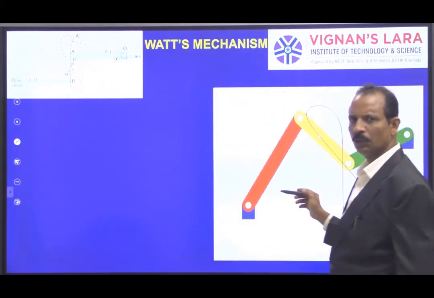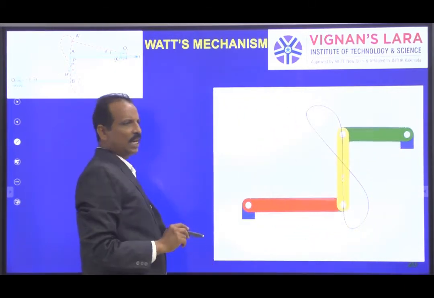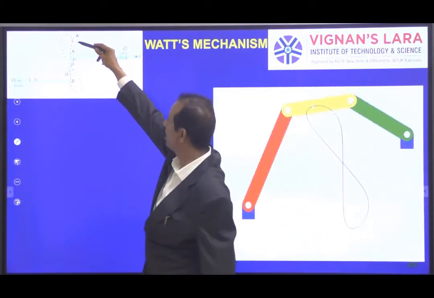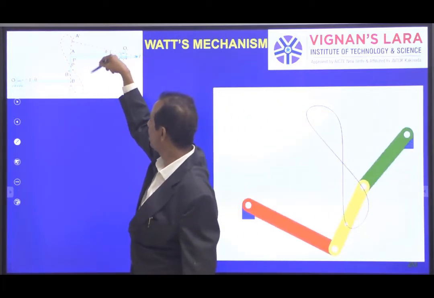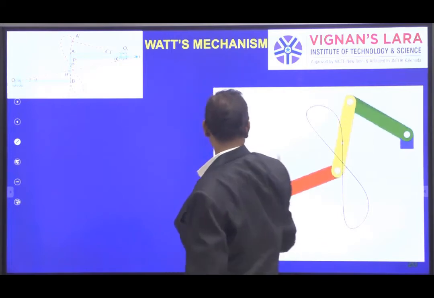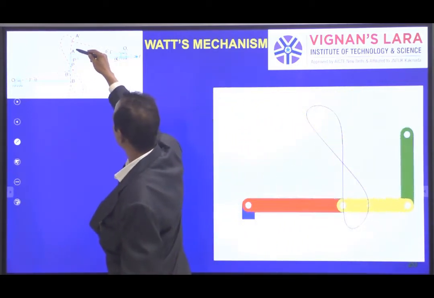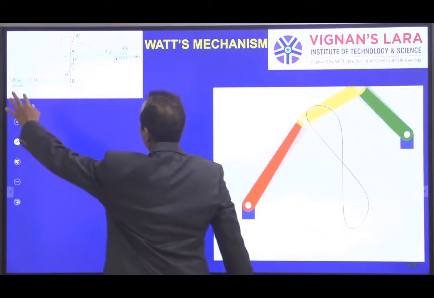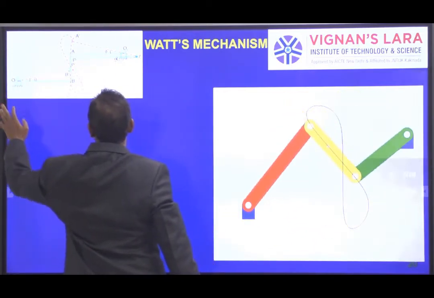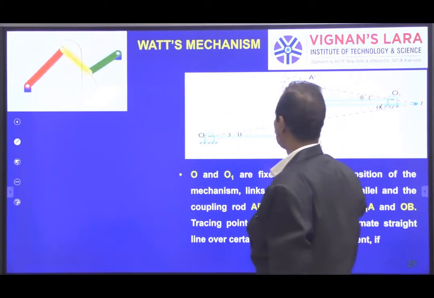Whatever path you identify here, the same path is shown by dotted lines. This is the path of this, and this is the path of this. So how can we prove this gives a straight line path? Let us see.